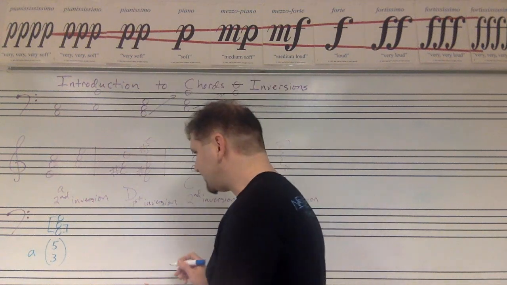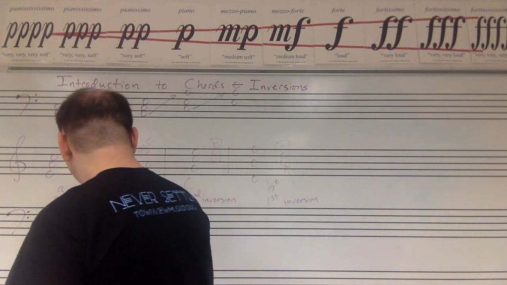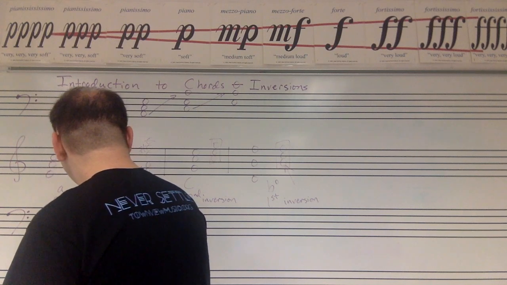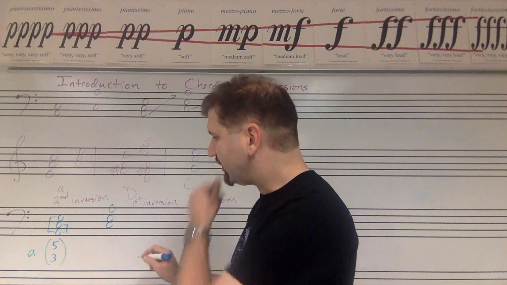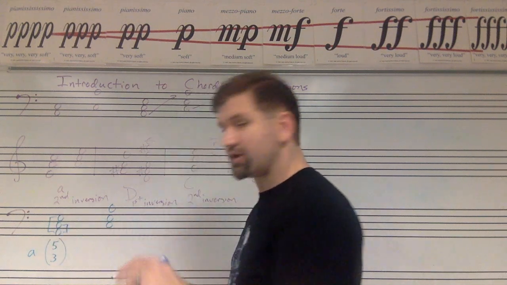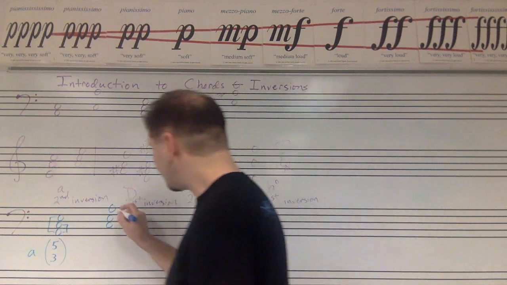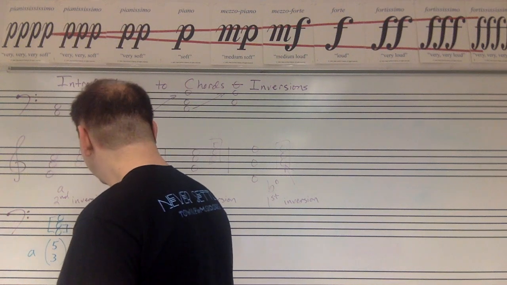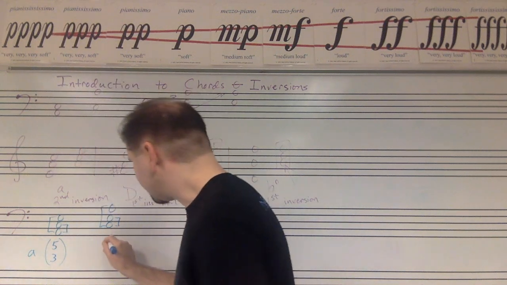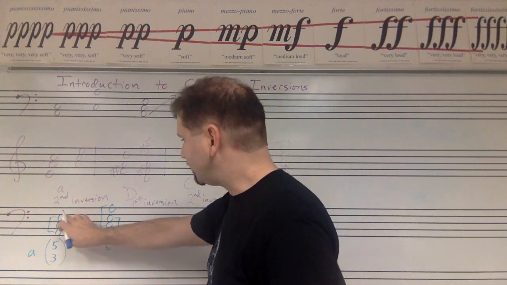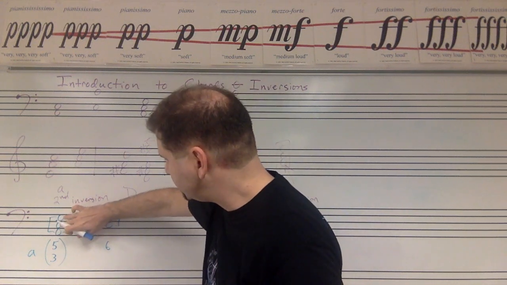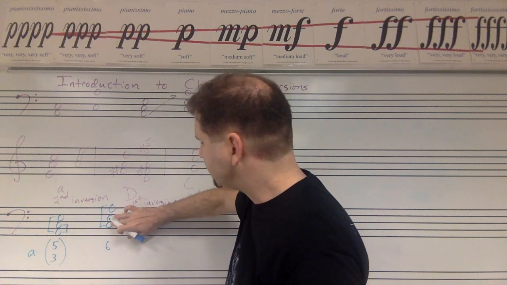Now if I take that same chord and invert it, I have C, E, and then A. My 5 and 3 structure is not there. Now my outside interval is a sixth, but my third stays the same. You can see these two notes are the same here as they are here.